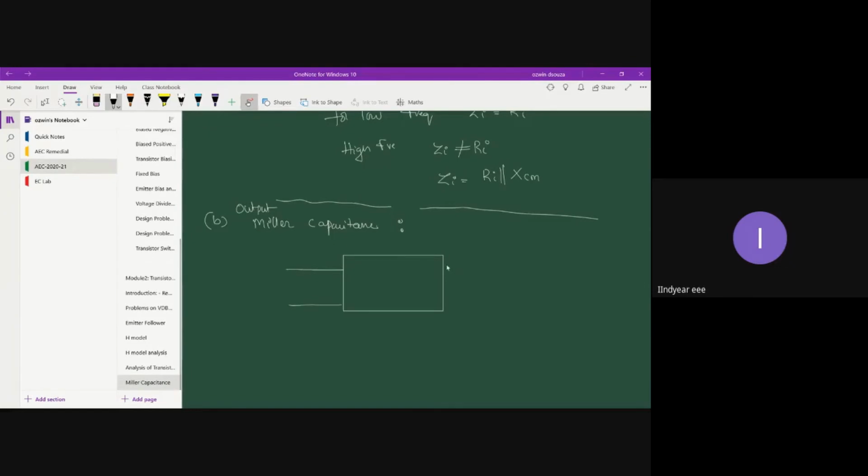So let's say this is your input port, this is your output port, this is V0, and this is your feedback capacitance CF. And this is your VI.